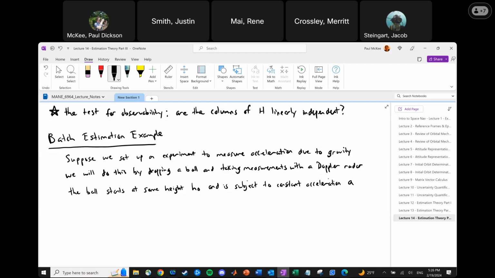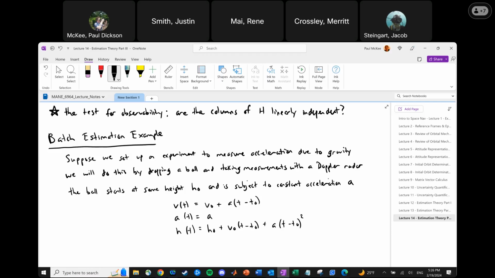And some equations come to mind from high school physics, right? Velocity as a function of time is some initial velocity plus our acceleration times our delta t. And acceleration as a function of time, well, that's just A, that's constant. Height would be h naught plus v naught times (t minus t0) plus this constant A times (t minus t0) squared.